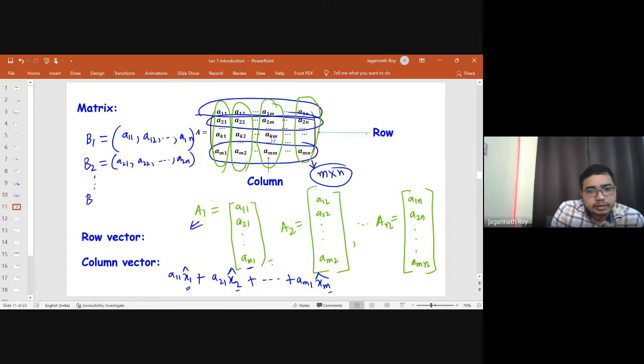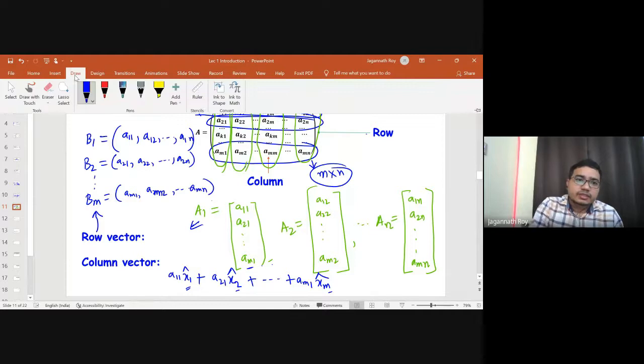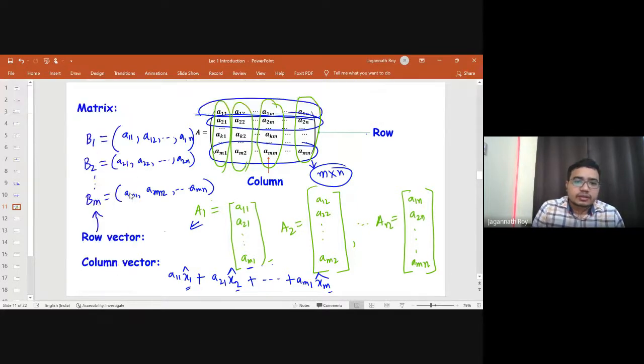Similarly, M. So these are row vectors and these are called column vectors. This A1, A2, An are called column vectors.